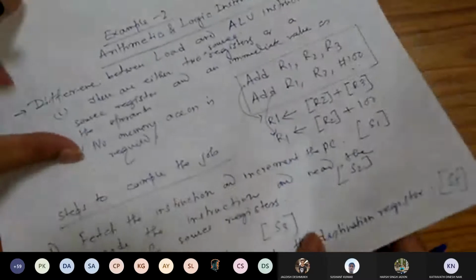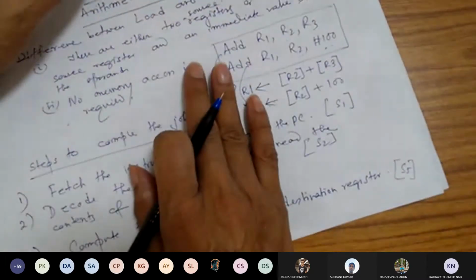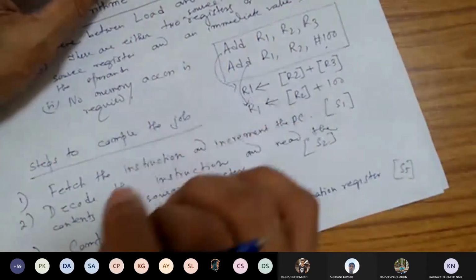So if I would like to design a circuit which can be used for both the instructions, load as well as this add instruction, I must introduce something new here. That is what we are going to understand now, or let us generalize it more.